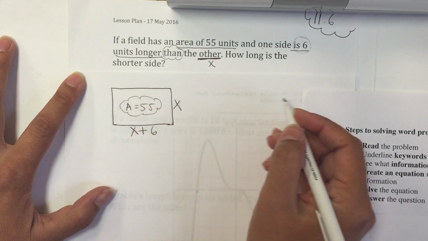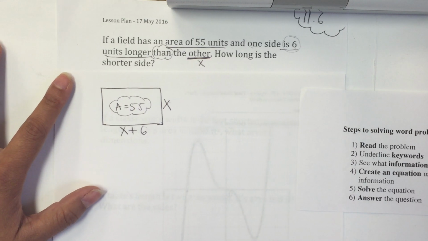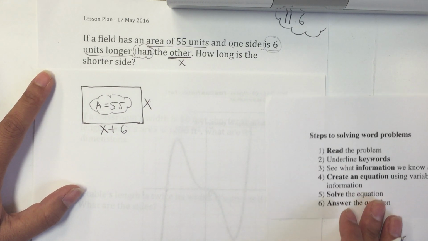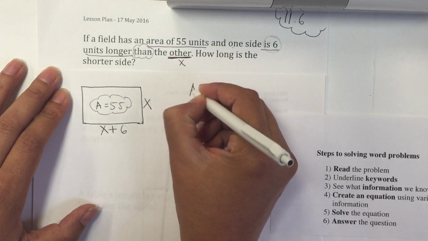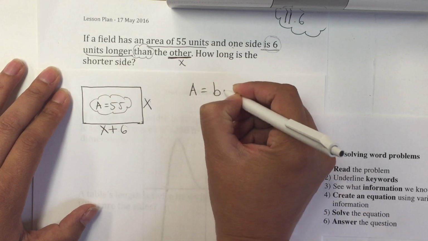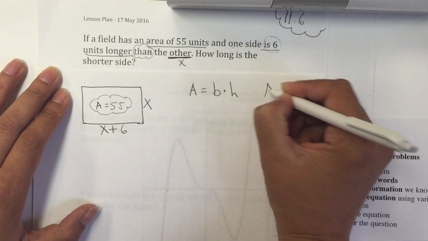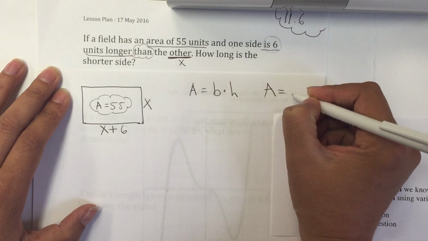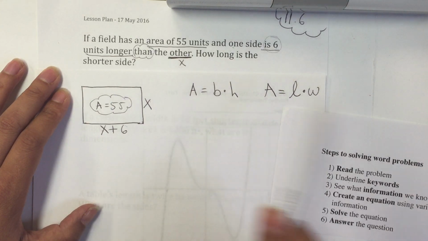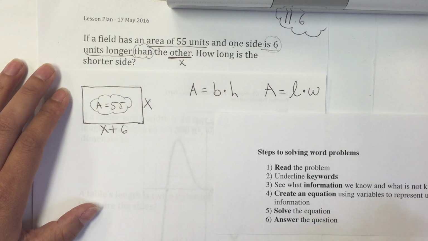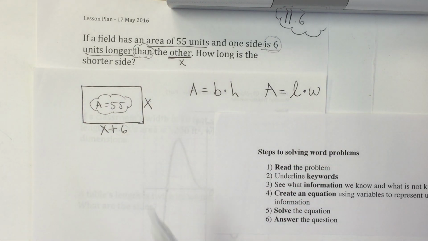Something that we should come with from previous levels is that the area of a rectangle is always base times height. And there are some formulas that also say the area is length times width. So both are appropriate formulas to find the area.